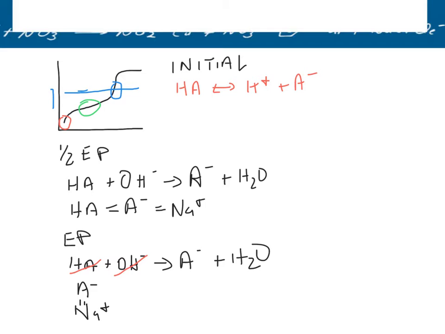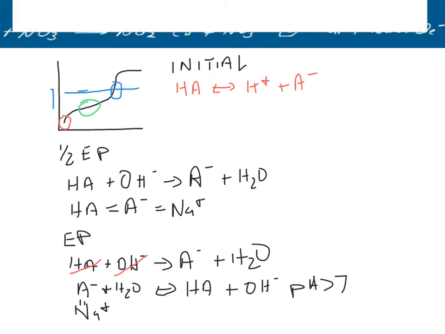The other thing to consider, though, is that our conjugate base is a base, so it's going to do its thing, and it's going to steal a proton from water and reform our acid, making some more hydroxide, which is why our equivalence point pH is going to be greater than 7.